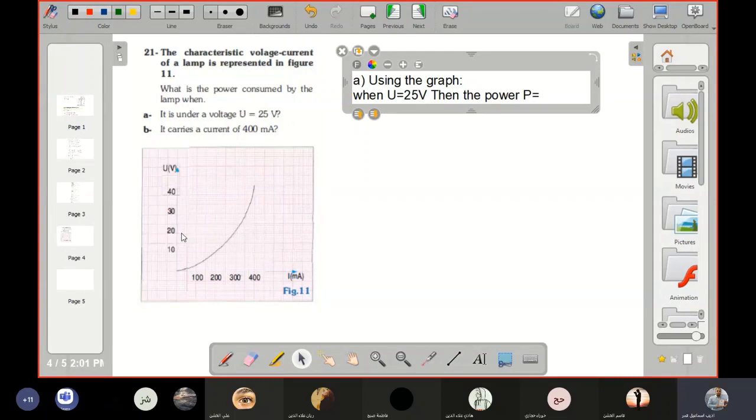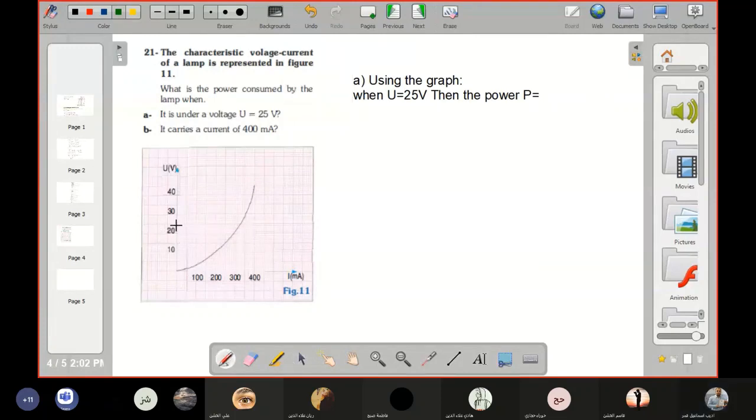What do we do here on the graph, Ryan? We go on the graph on the vertical axis, which is the axis of voltage. We locate 25 volts, which is here. Okay, Ryan? Yes. This is 25 volts.